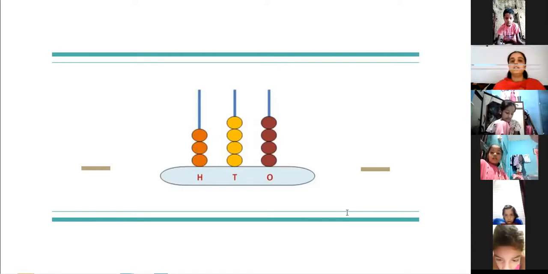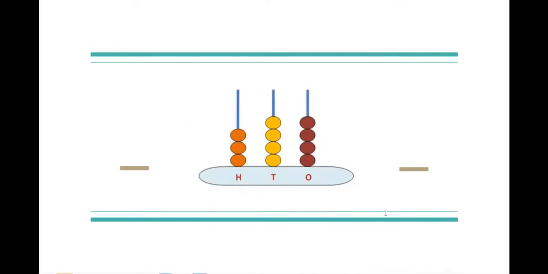Okay, so children, you can see, I will draw it for you now. The number was 263. All right, so I can draw like this. I have drawn these 3 rods, and these 3 rods are units place, tens place, and hundreds place.